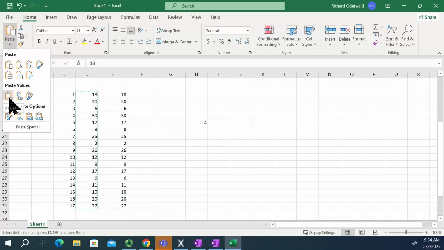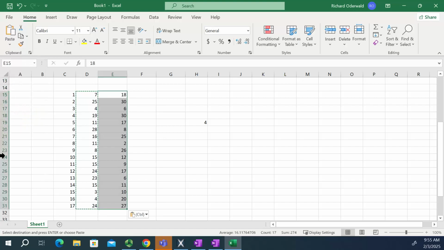We want to take the numbers that are here and paste them into that spot right there. And it's already done it. All I got to do is get to it. I paste values. Now, these are not going to change. I just made my example with random numbers that will change constantly. Now I've got a list that won't change.